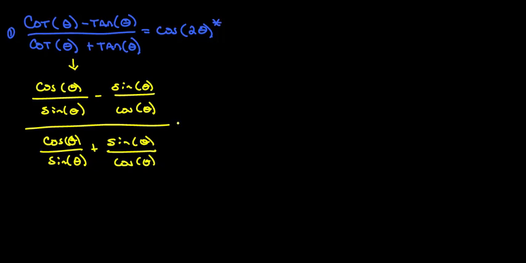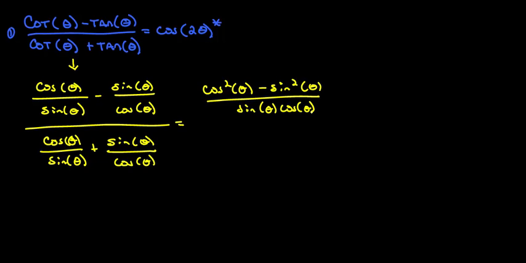Now for the numerator, I'll get a common denominator. So cosine squared theta minus sine squared theta over sine theta times cosine theta.